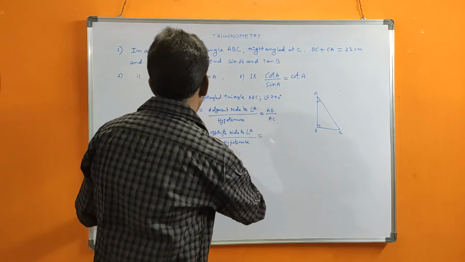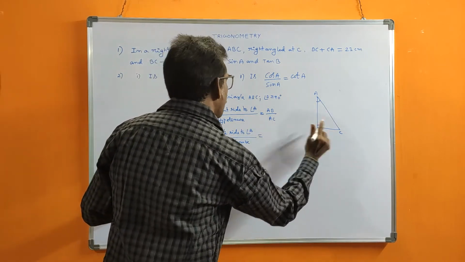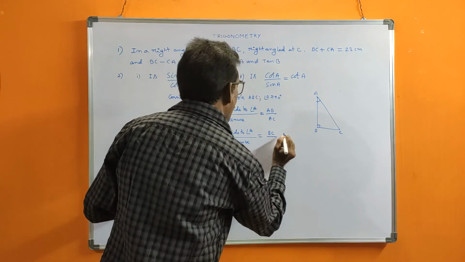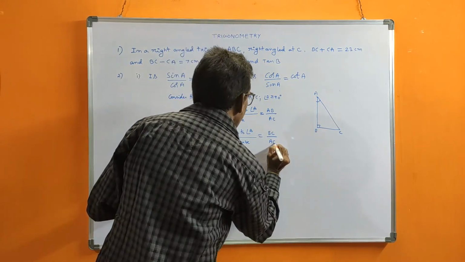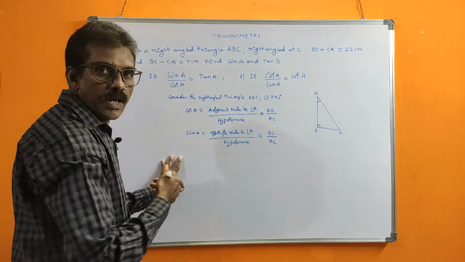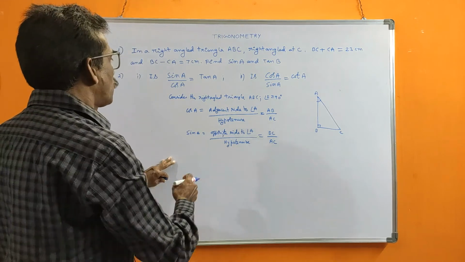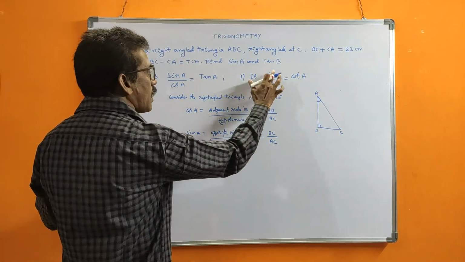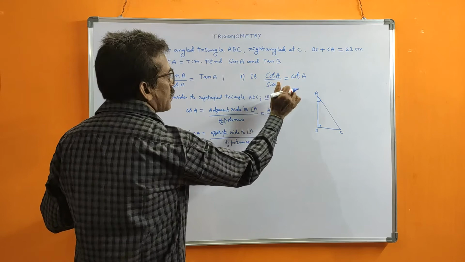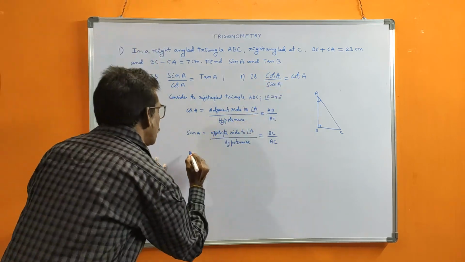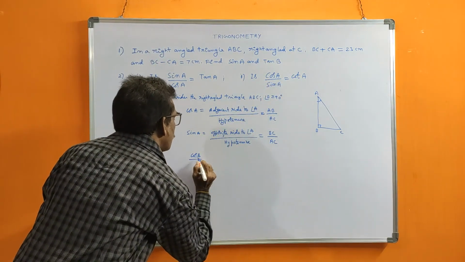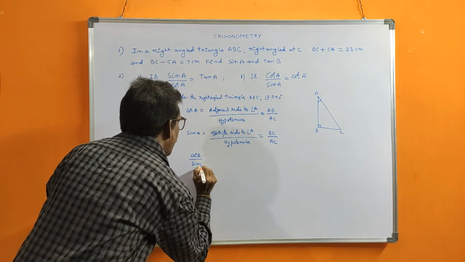Now write for angle A, opposite side is BC by hypotenuse AC. Value is not there, you leave off. Now total, we need to find out whether this value is equal to this or not, so calculate the total value: cos A by sin A.